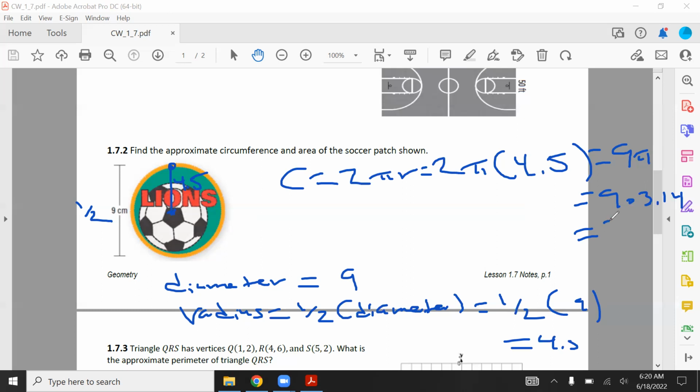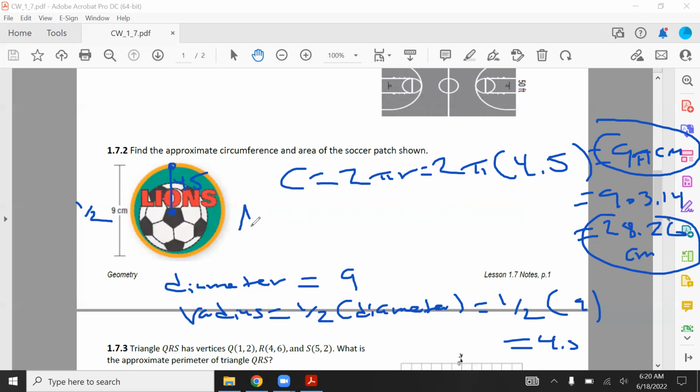So you need to give them a more precise measurement. Personally, I don't care if you use a decimal or if you leave it in terms of pi. Usually it's good to leave things in terms of pi so you don't make any mistakes in your computation or calculation, but yeah.